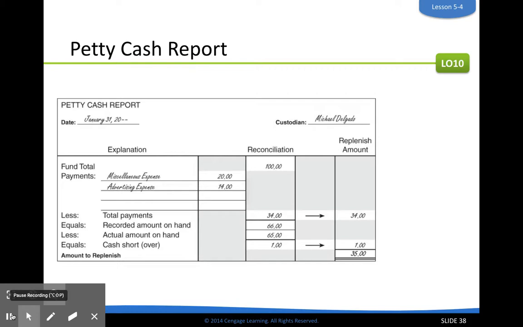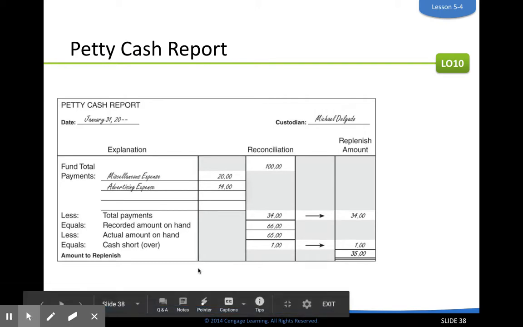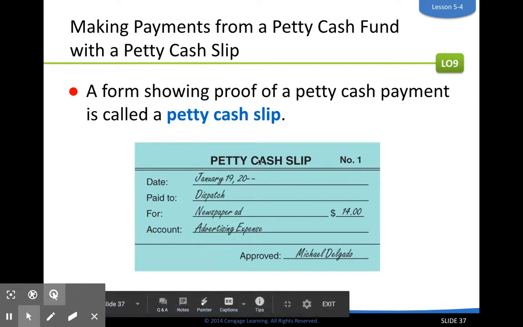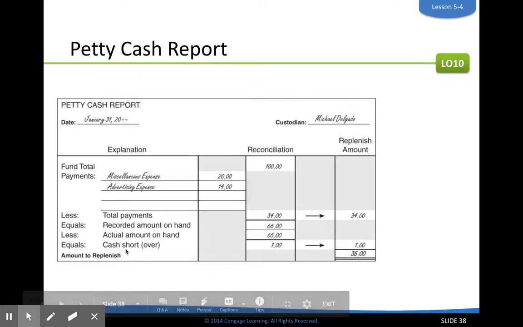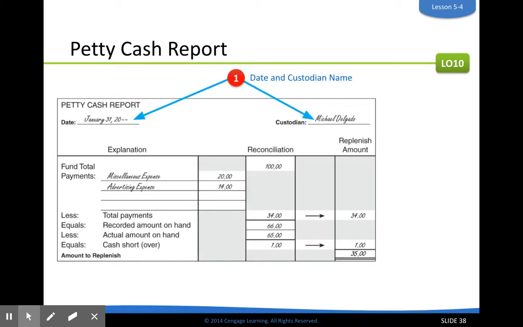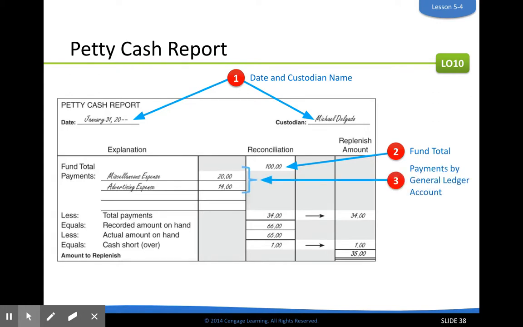At the end of every month, we will do something called a petty cash report. This is where we take all of those petty cash slips from our previous slide and organize them into a petty cash report. You'll see that we started out with $100, the date of the start of the $100, and then we record what we used the money for.